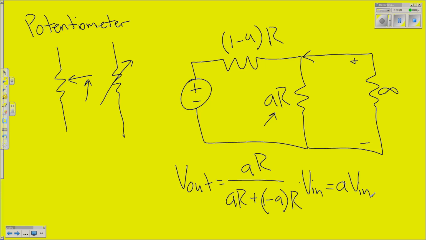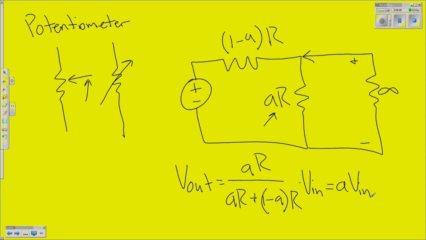Now, when the cop pulls me over for speeding, gotta turn it down, and that A goes to 0, and my Vout is equal to 0 times Vin, 0. So, handy little device, variable resistor, allows us to put a lot of different values into our voltage dividers.